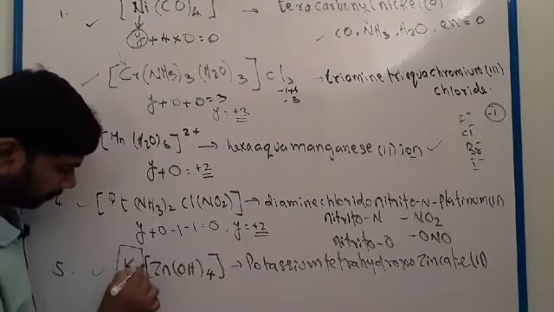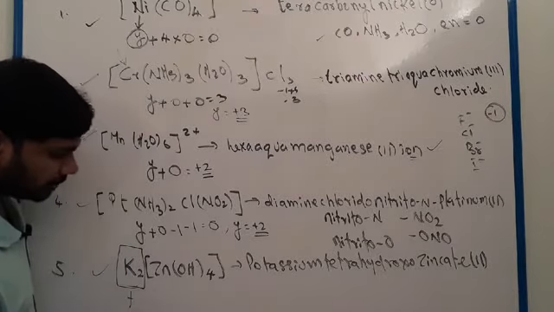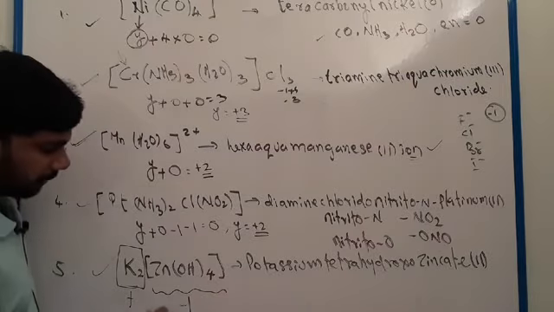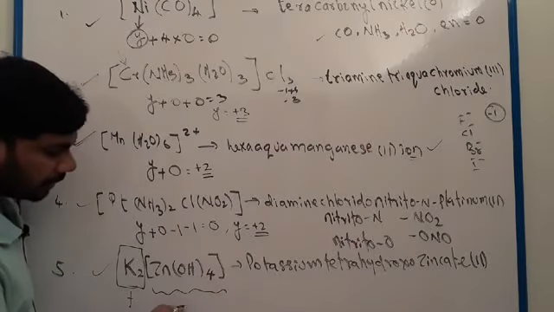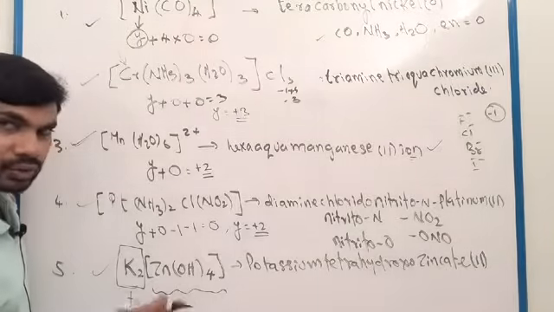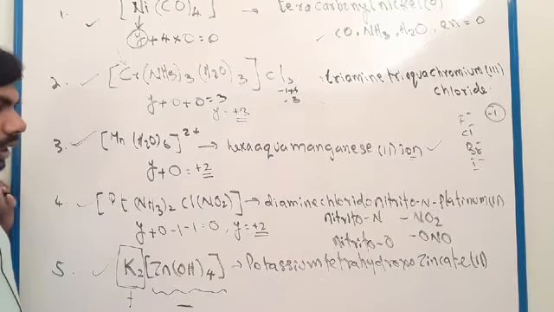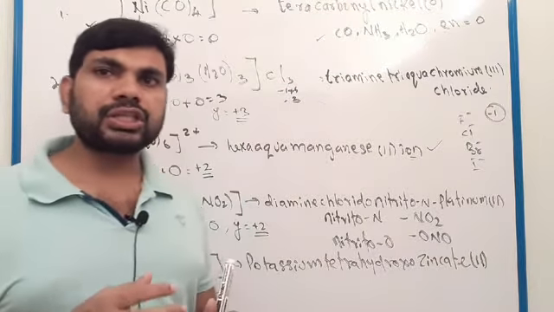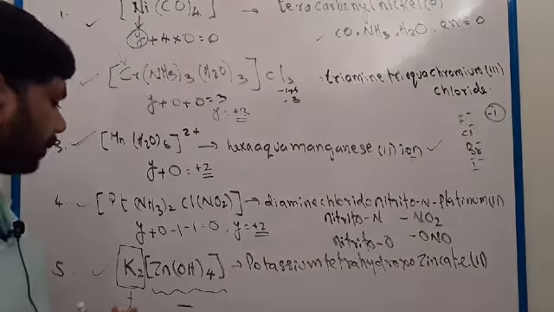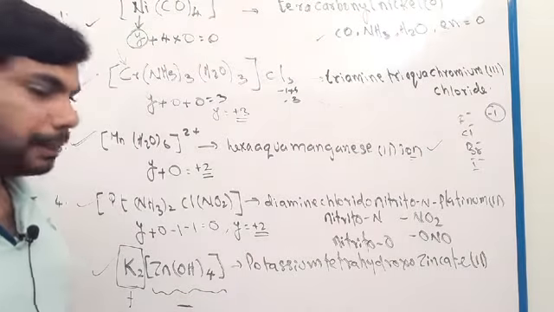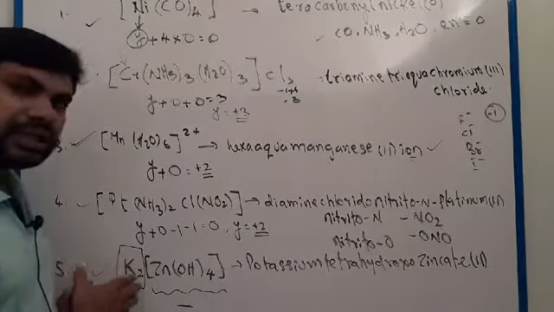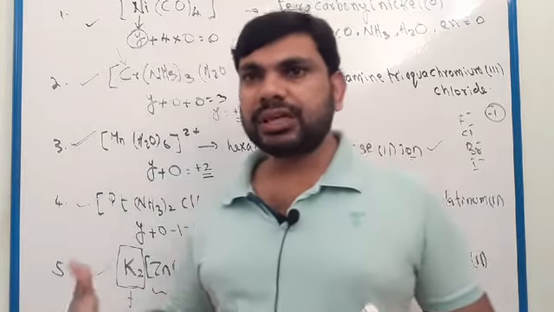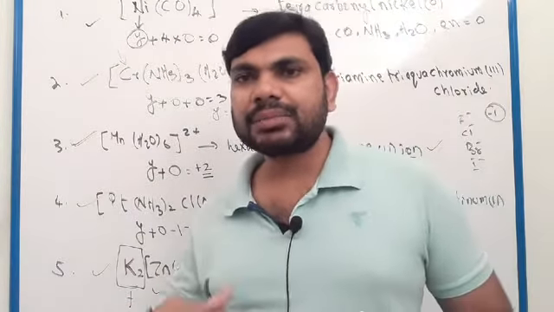Here potassium is the positively charged part and this one is the negatively charged part of the coordination compound. To name this type of compound, the metal present in the positively charged part, we will say its name as it is.